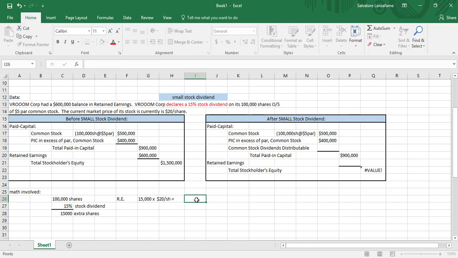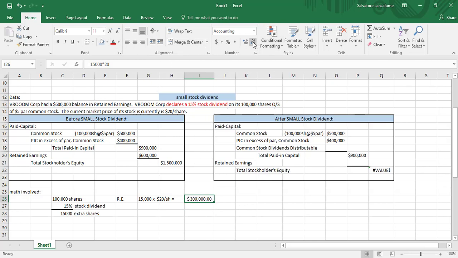So if we do 15,000 times $20 a share, anybody know what it is? Let's figure it out. 15,000 shares multiplied by 20, you come up with 300,000. Okay, so that's $300,000.